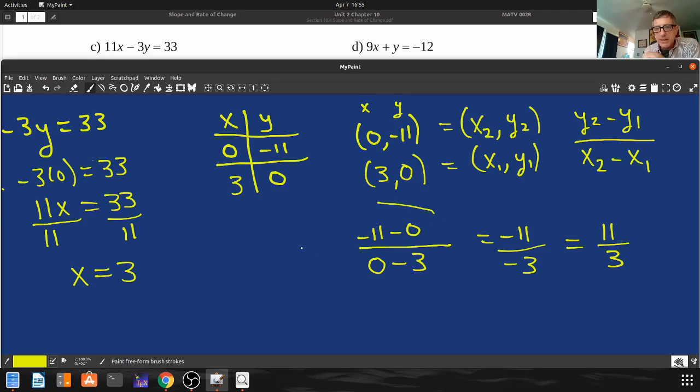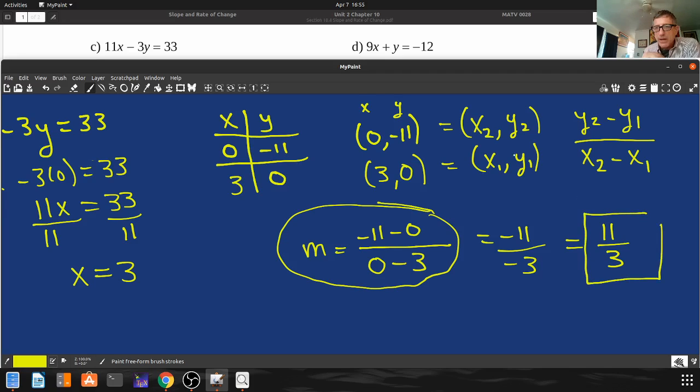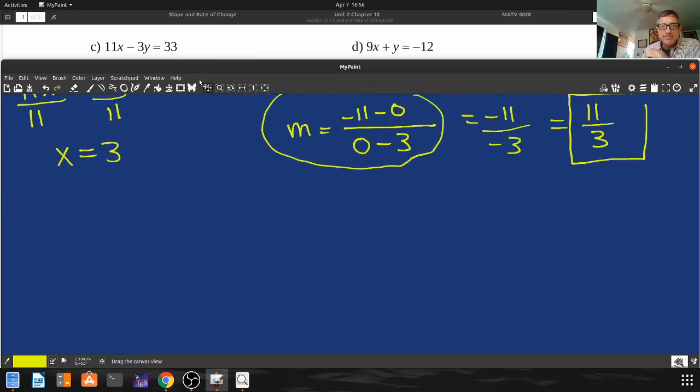And that's what I did right here, and the result was the same. So I kind of like this stacking on top of each other. That method works. But remember, this is always the formula right here. This is my slope m. M stands for slope. Let's do another one.